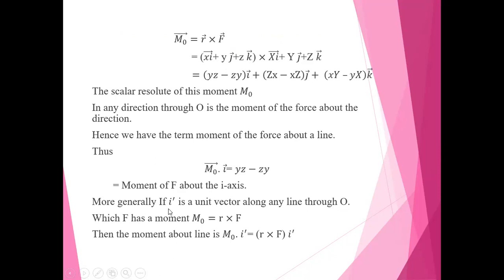More generally, if i dash is the unit vector along any line through the point O, and F has the moment mu naught equal to r cross F, then the moment about that line is mu naught dot i dash, equal to r cross F dot i dash.